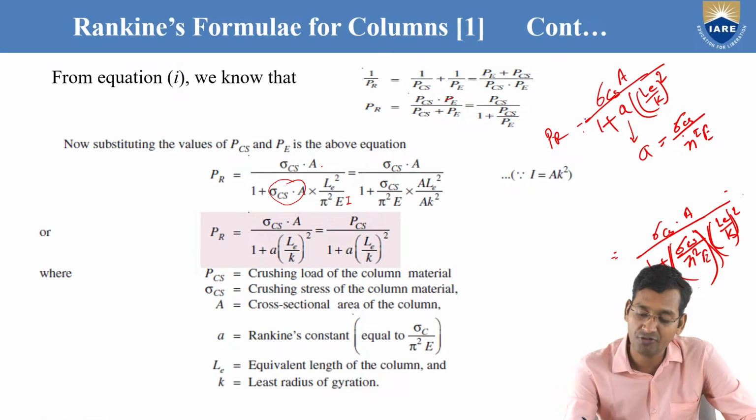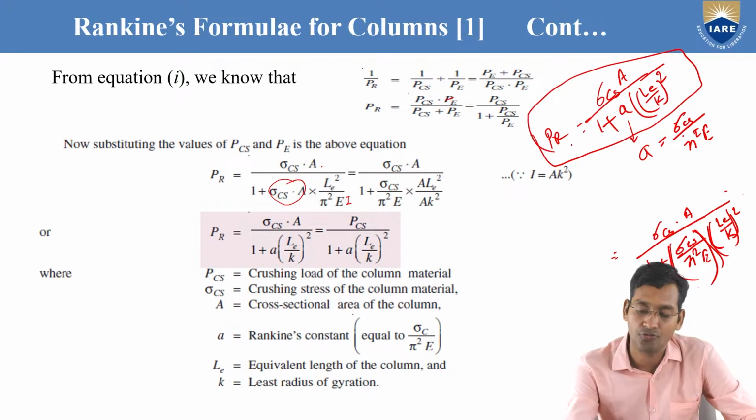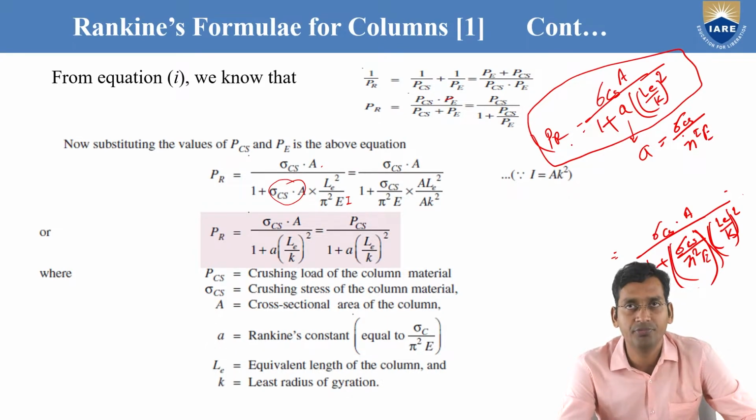Okay, so this will be the final PR formula in terms of slenderness ratio.